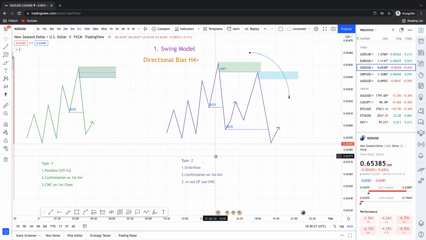And let's talk about type 2 for swing model. We have plenty of examples explained in the previous videos. Go back and see, right? Now, type 2 is similar, but we have 2 breaks of structure. Here what I'm looking for is order flow. Again, directional bias is H4 to daily, right?